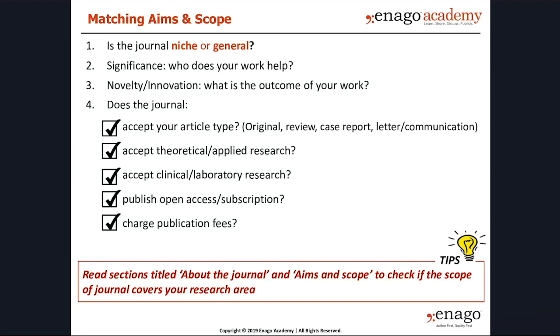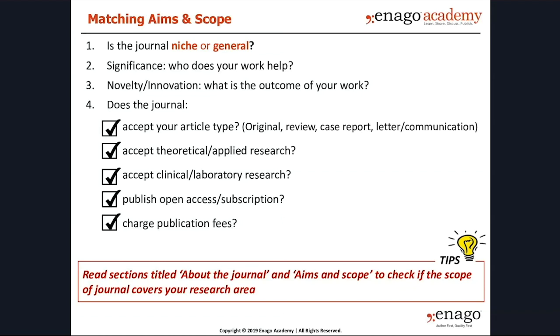So you'll build up a list of all journals that will be suitable, and depending on the type of paper that you have, the type of research, or the specific goals of your research, you can use it as an easy reference for identifying which of the journals that you've looked at would be suitable.